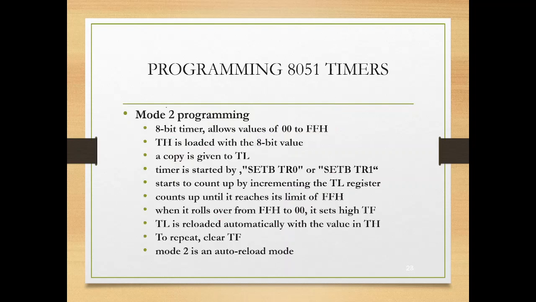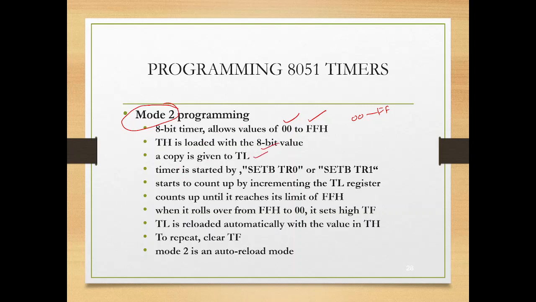And programming in mode 2. Let's see the conditions for mode 2. An 8-bit timer allows values from 00 to FF only. TH is loaded with the 8-bit value, and a copy of this is given to TL.